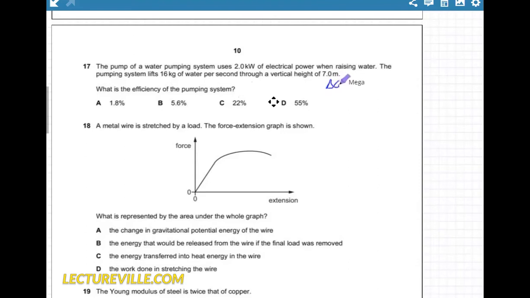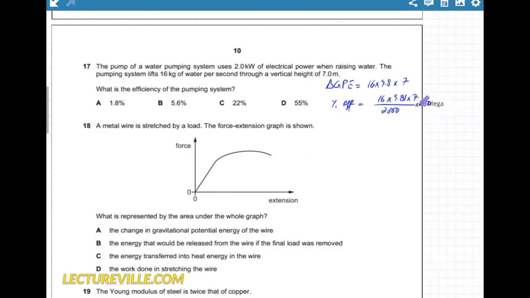Gain of gravitational potential energy will be 16 into 9.8 into 7, and percentage efficiency will be whatever answer this gives you, divided by 2000 multiplied by 100.